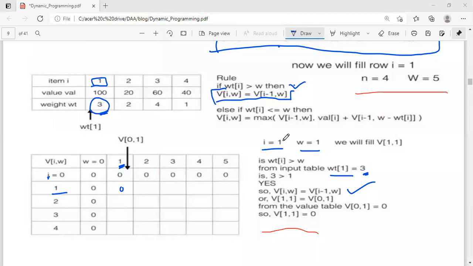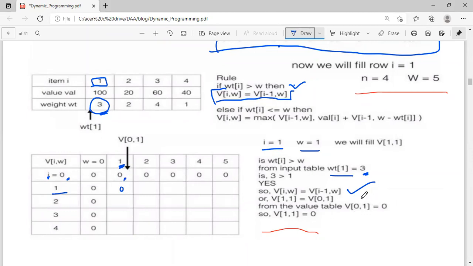What is I? Our I is 1. What is w? w is 1. V of I minus 1: I is 1, 1 minus 1 is 0, and w is 1. So whatever value is present in V of 0 comma 1, that is 0.